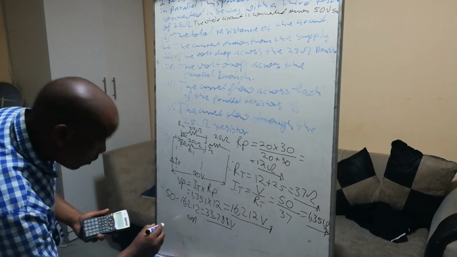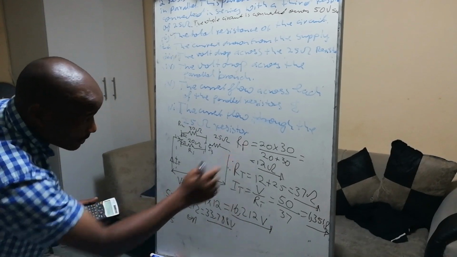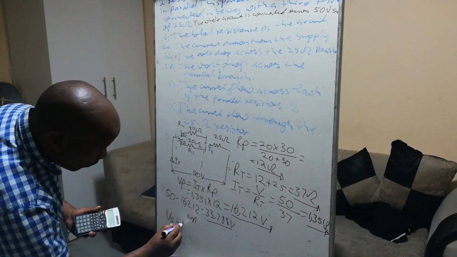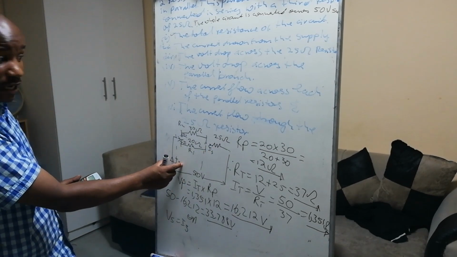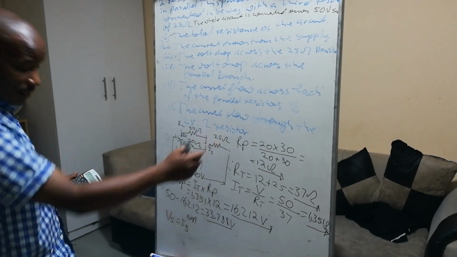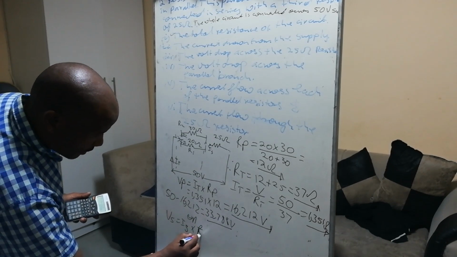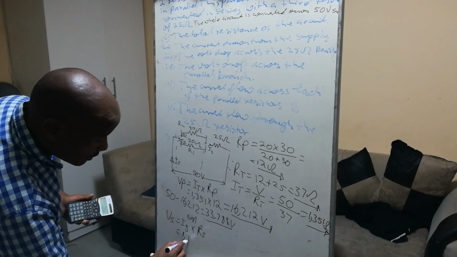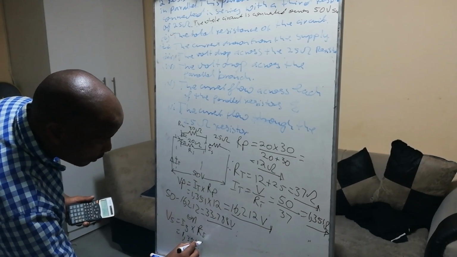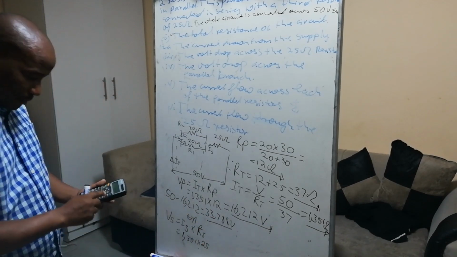Or V series is equal to I3, which is the same as the total current, multiplied by the resistance of the series, which is 1,351 multiplied by 25. This should be the same as that.